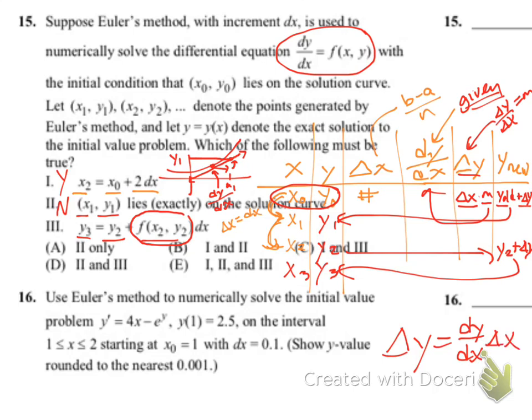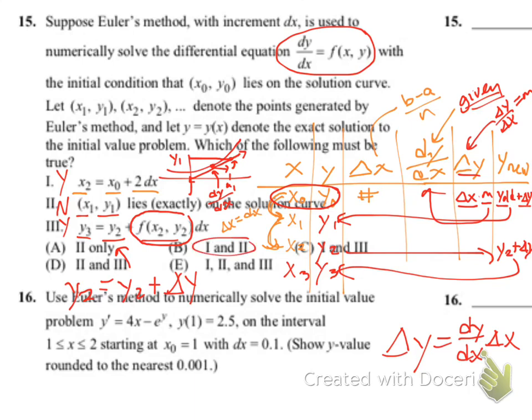So really what this is stating is y2 plus change in y. And that is a true statement. y3 is going to come from y2 plus a respective delta y. And so that is also a true statement. It's just kind of piecing apart that Euler's method. So in this case, 1 and 3 are true. Answer B.